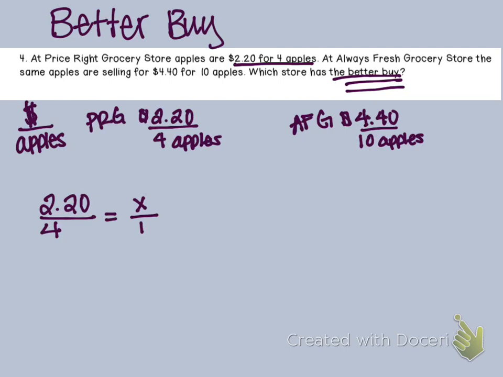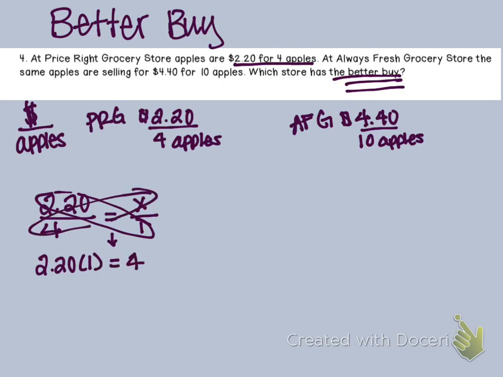And then I'll solve this one and I'll let you solve the second one. So here we have our cross multiplication. So $2.20 times 1, bring down your equal sign, and then the other diagonal is 4 times x. This is $2.20 is equal to 4x.